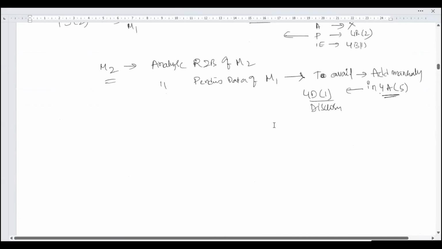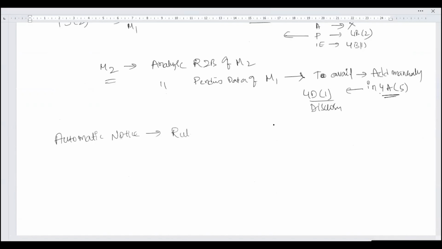Now, having said that, there is something called automated notices. Rule 88C, Rule 88D. We'll just understand these rules.